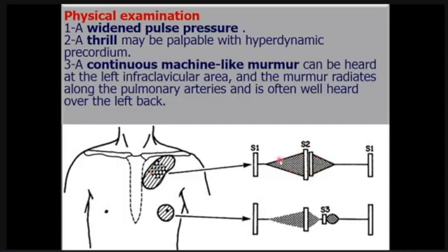Because the blood flows from the aorta into the PDA during both systole and early diastole. Because the pressure in the aorta is higher than in the pulmonary artery during systole and diastole, the blood will flow during systole and diastole, and you will hear a murmur during systole and diastole, which is called a continuous machine-like murmur. It can also be heard over the left part of the back because the PDA is somewhat located posteriorly.